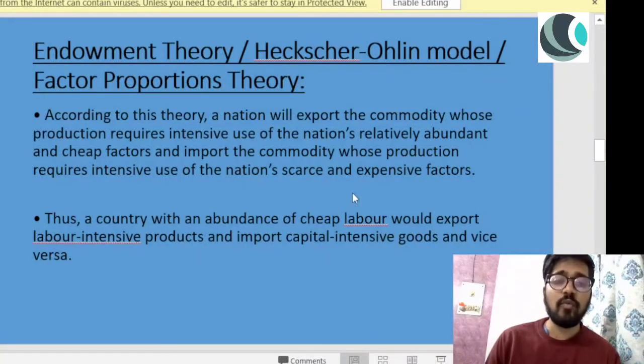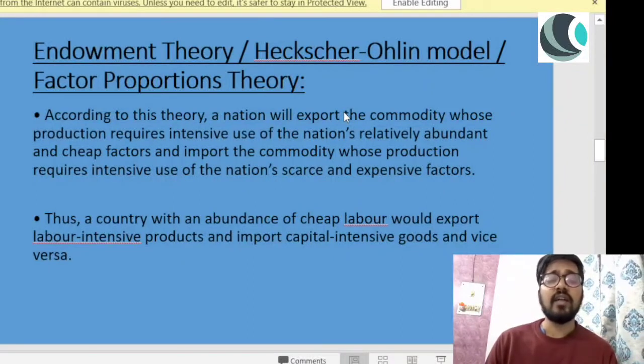So we should import them, right? We shouldn't start producing manufacturing goods through heavy machineries because it will cost us huge and we don't have that amount of money, right? We have intensive labor, so we should be using labor oriented products more. This is what basically this theory means. I think I have made myself very much clear.